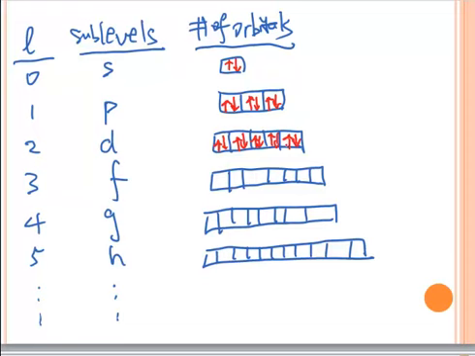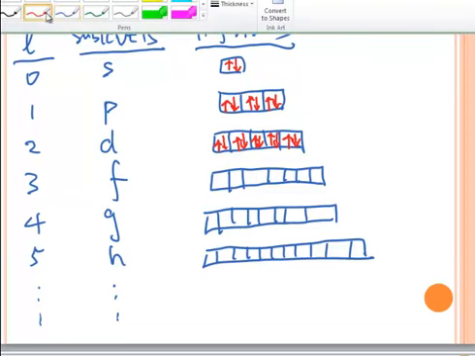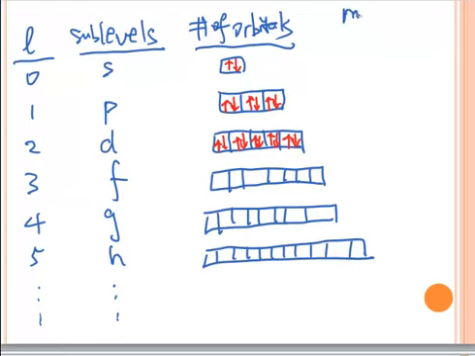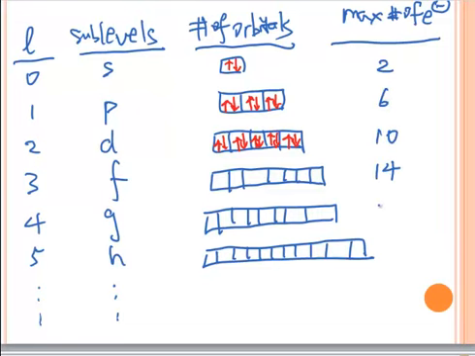So the maximum number of electrons that can be held on those particular sublevels will be 2, 6, 10, 14, 18, 22, and the list goes on.